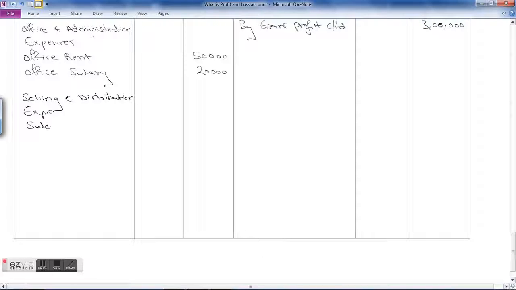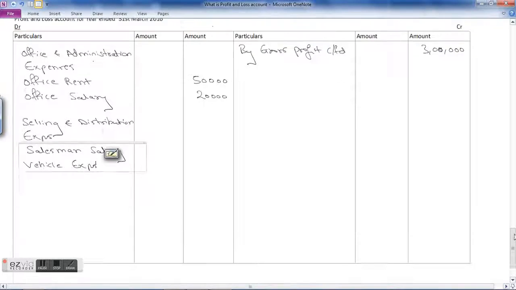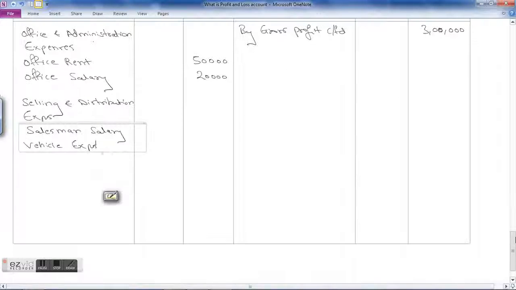One is salesman salary, another is vehicle expenses, that is distribution vehicle expenses. So let's see what are the amounts. Salesman salary is 10,000, distribution vehicle expense 25,000.